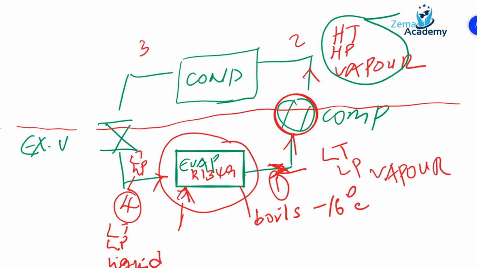So imagine here you have high temperature and high pressure vapor that you can use for different applications, whether for space heating or for hot water, depending on the application. But the only way to extract that heat is to pass it through a condenser.